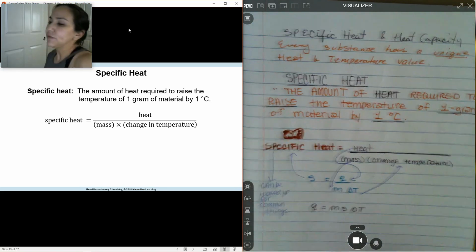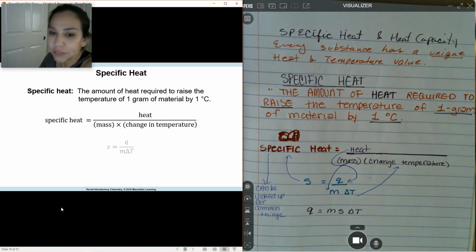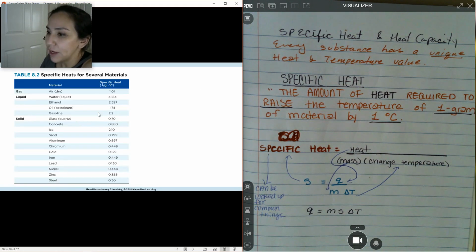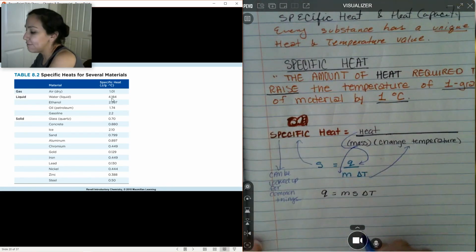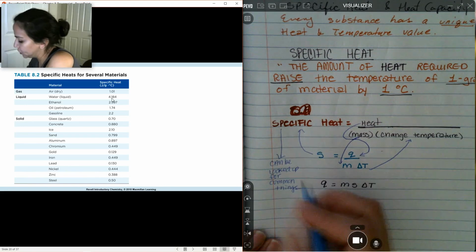And what I mean about that is, for example, water has a very, very specific heat. So water specific heat is 4.184. If you look at this chart right here, this is specific heat values of several materials in joules. And water is 4.184. So that's actually a very, very important number to know.